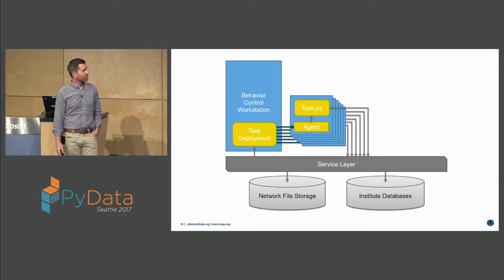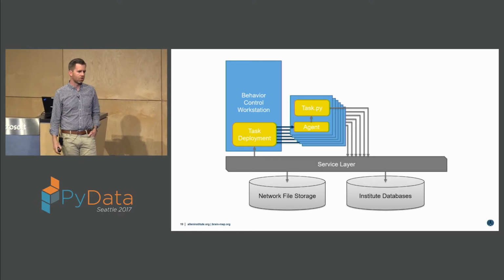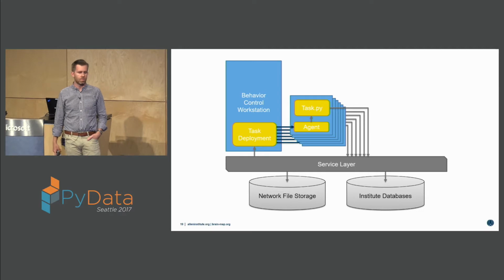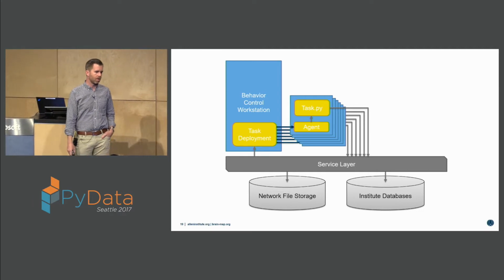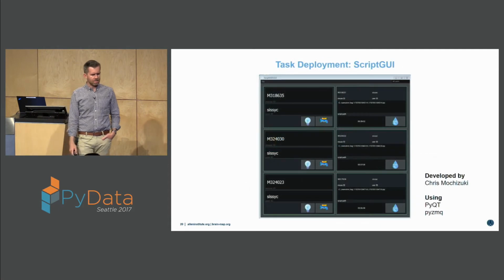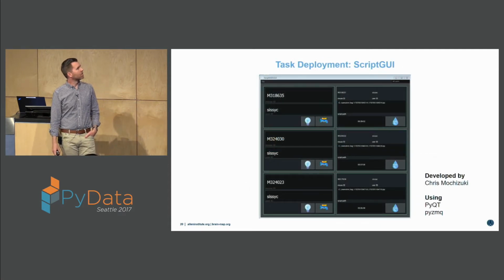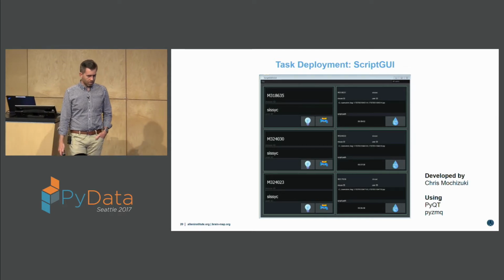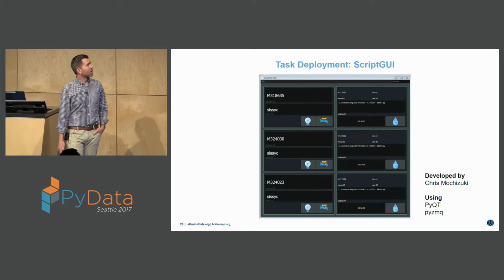Nicely, every control computer controls 6 individual computers, and so this gets deployed in parallel. We've got a nice little GUI that was all written in Qt to load this stuff up, and then to use 0MQ to send things along to deploy the actual tasks. We want to make this even easier for our trainers, though.